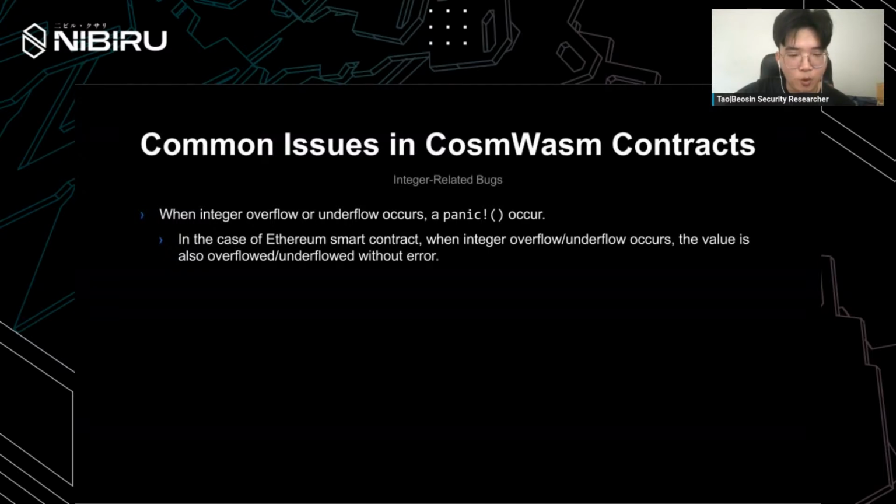But in Solidity, when you compile, your program will stop when there is an integer overflow or underflow issue, and there may be a panic function to remind you to check where the overflow and underflow are.